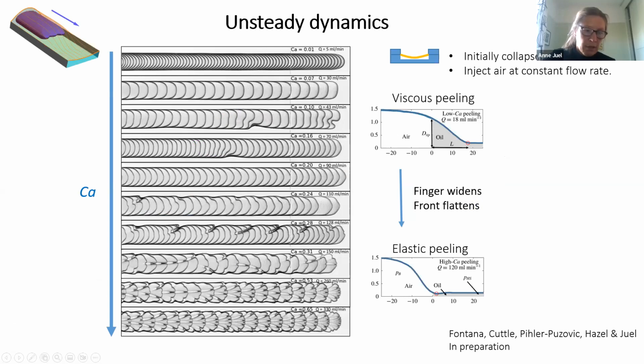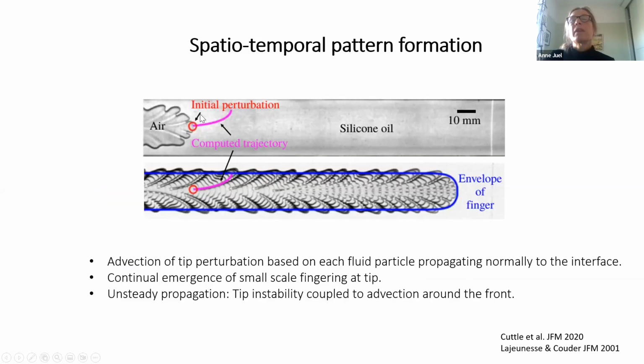So what you can do is consider the envelope of a Saffman-Taylor finger, put all the points around this envelope and give them their direction normal to this envelope as it propagates. Then you can predict the computed trajectory of any small perturbation or a point on the finger.